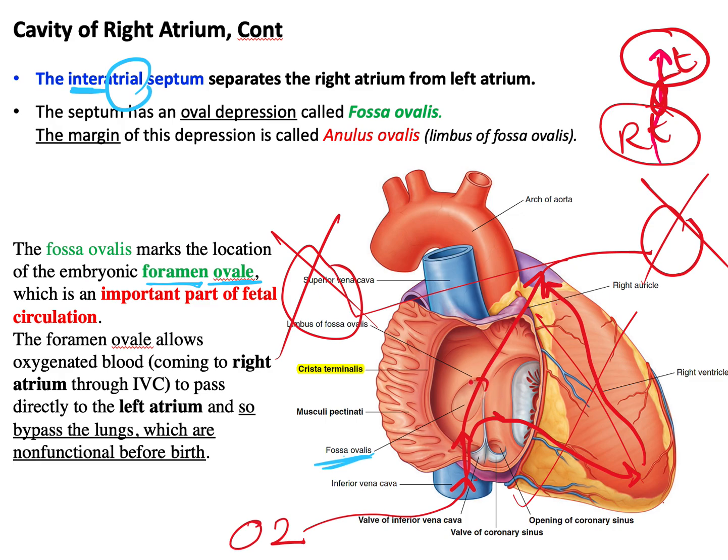So this foramen closes immediately after birth, after the pulmonary circulation starts. It will close gradually after birth, and there is no need for it.